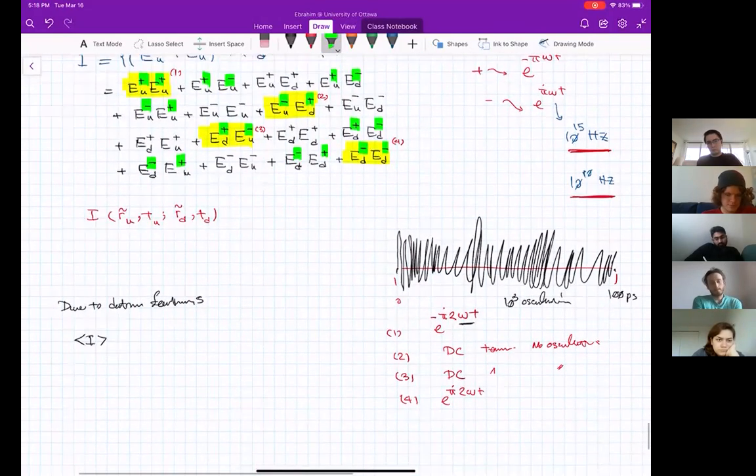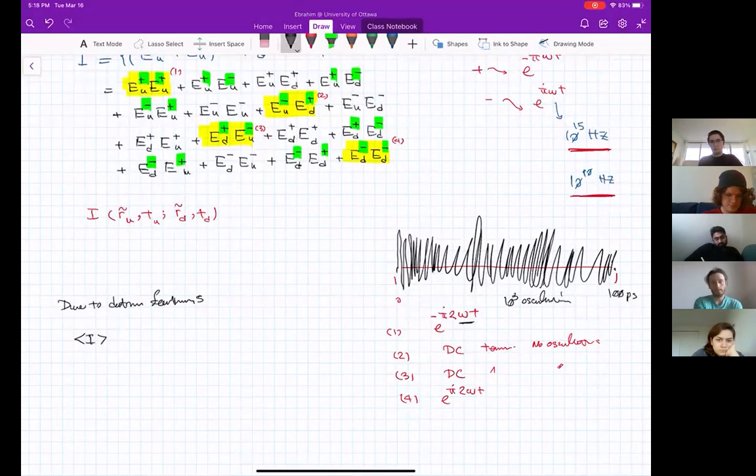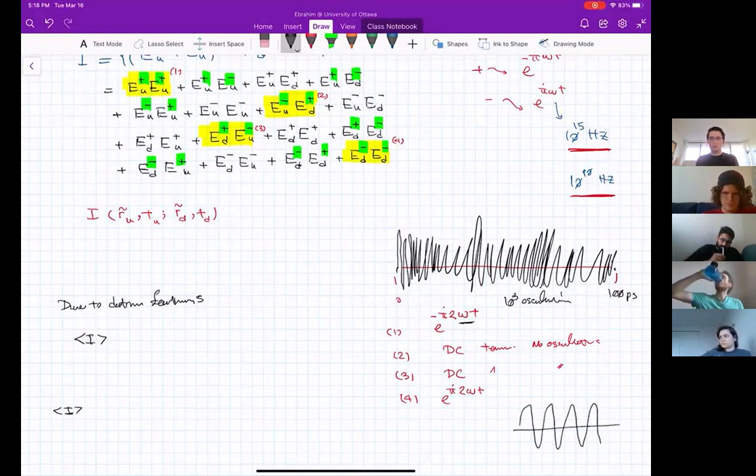So looking at the DC term, since we are looking at the intensity averaging in time, all of those that are highly oscillating will cancel each other out, because averaging of any periodic function will be zero. Assuming you have a periodic function oscillating between 1 and -1, what is the average of this?